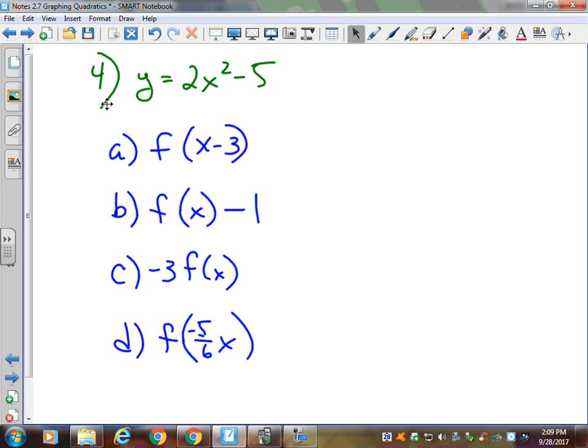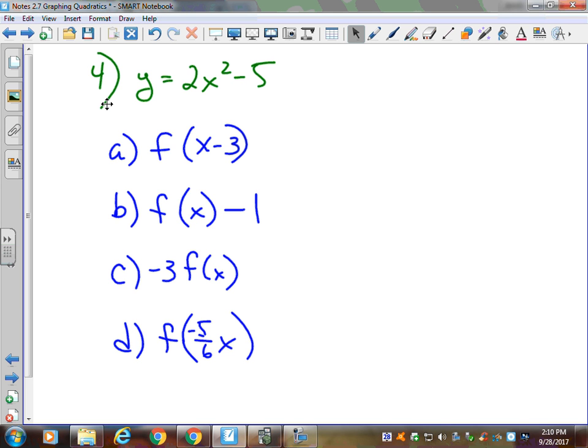So what I want you to do is, in looking at each one of these questions, be careful about how you type it on the calculator. That's really important. Because if it's inside the parentheses, it stays inside the parentheses and goes in the place where the x is. And if it's on the outside of the parentheses, it's done to the whole problem. Okay? I want you to try each one of these in your calculator.